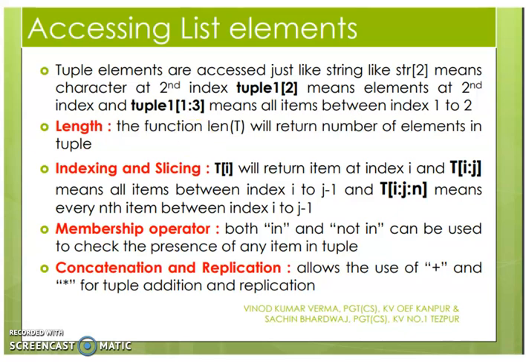That is, in T of i:j, i is the start value and j is the stop value. In T of i:j:n, i is the start value, j the stop value and n the step value. That's why it will return every nth item between index i to j minus 1.